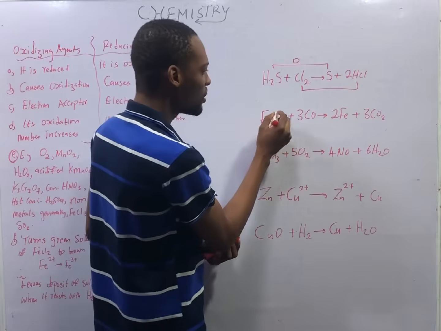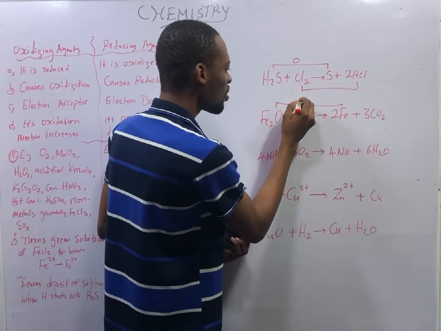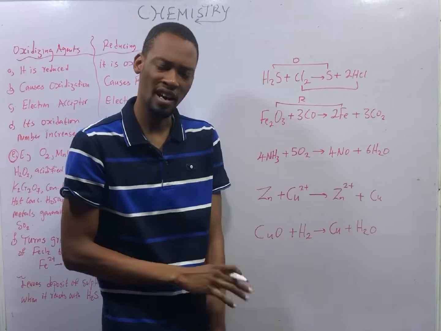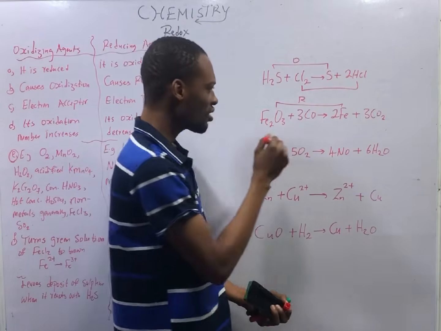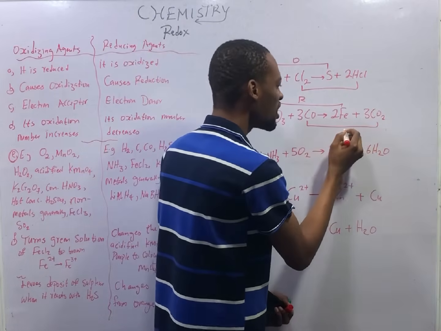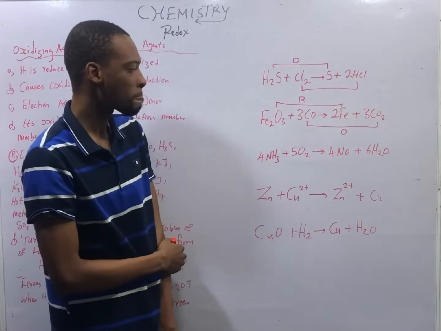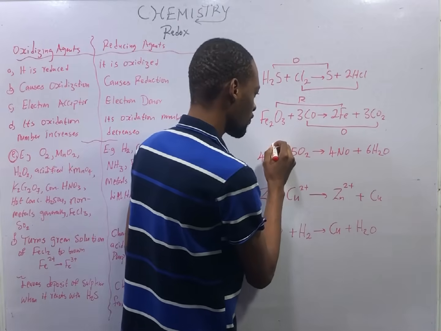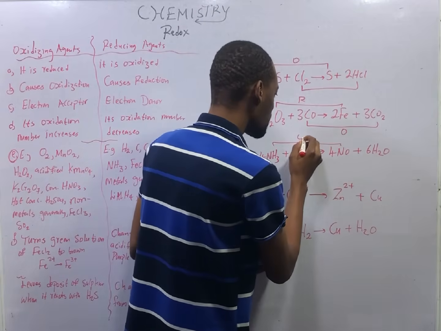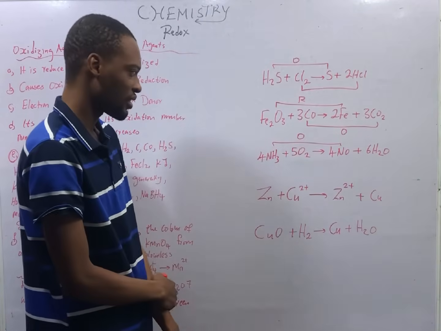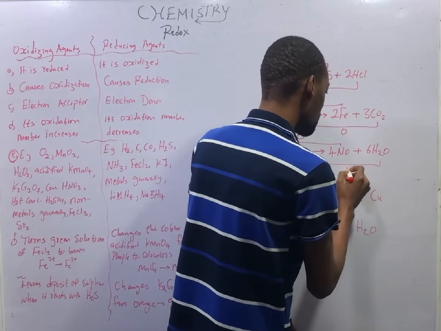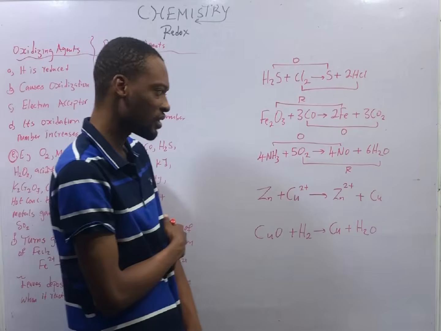From here to here, reduction is taking place, removal of oxygen. And from here to here, oxidation is taking place. From here to here, oxidation is taking place, and from here to here, reduction is taking place.